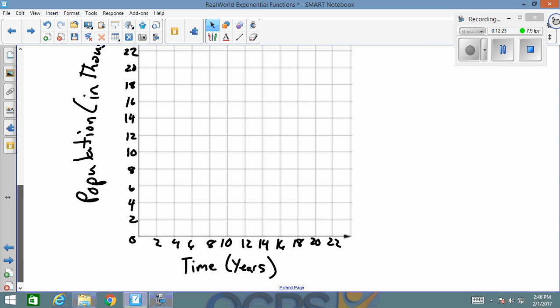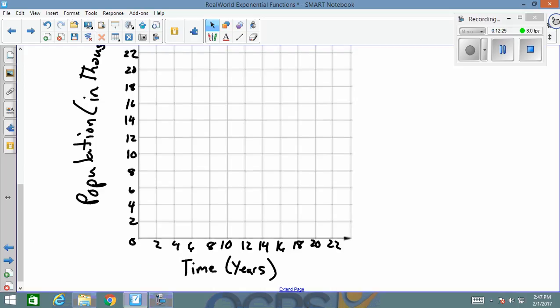So the first point is going to be 0, 14,204, so it's going to be somewhere probably about right there. Then you've got 1, 13,494, somewhere about right there, I guess. 2, 12,818, somewhere about there. 3, 12,177, so it's very, very close to 12,000.